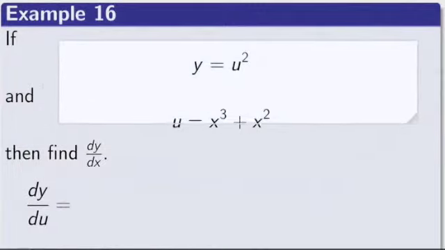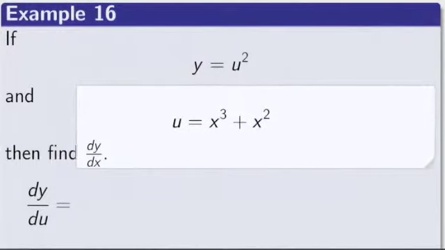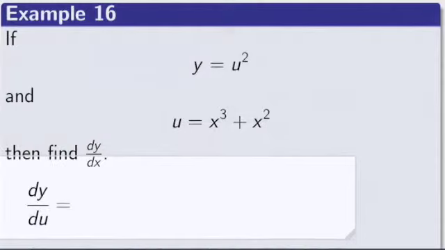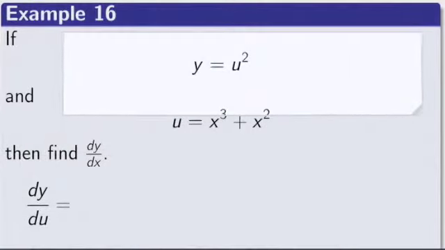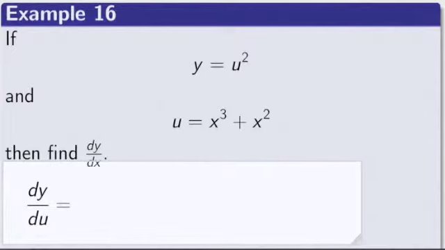If y is equal to u squared and u is equal to x cubed plus x squared, we want to find dy dx. Now since y is a function of u, we can find dy du.